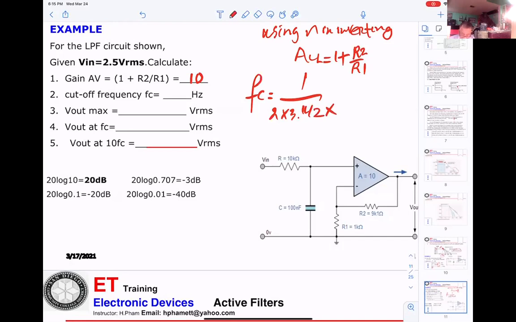It will be 10K. Okay, 300 nano. Nano will be what power? -9.